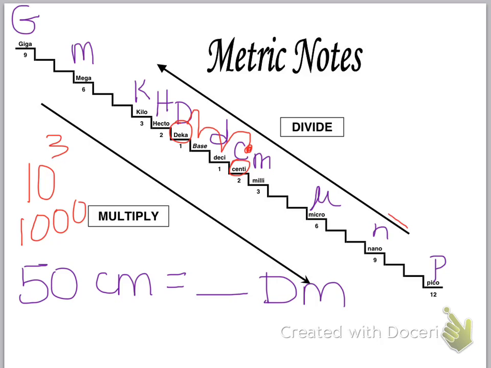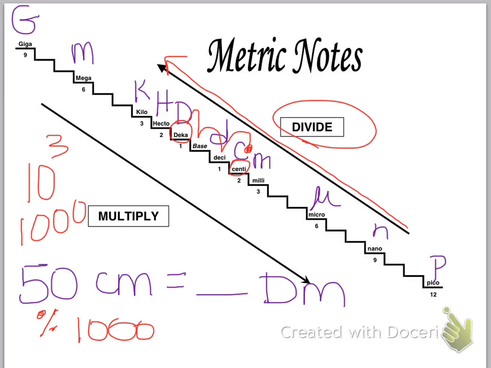If you go up the stair step, that means you're going to divide. So I'm going to take my given number, 50, and divide by 1,000. So 50 divided by 1,000 is going to be 0.05, which is the same thing as moving the decimal 3 places: 1, 2, 3. So there you go. That's how we use the stair step.